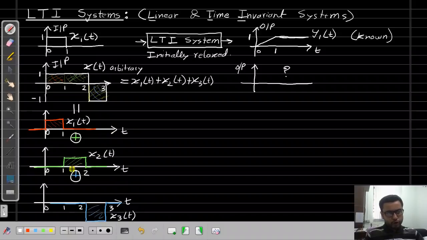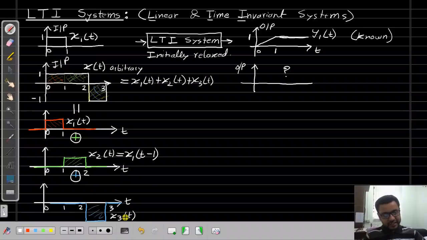Now you also observe that x2(t) is a delayed or time shifted version of x1. So I can write it as x1(t minus 1), minus 1 because of this 1 unit delay.